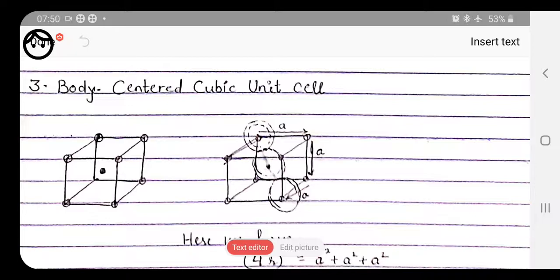Just imagine you are sitting in a room. Take one corner of that room and another corner, the upper side and the lower side. In between, where you are sitting, you are not touching any other portion of the room. You are not touching the floor, the upper surface, or any corner. It means you are present at the center.